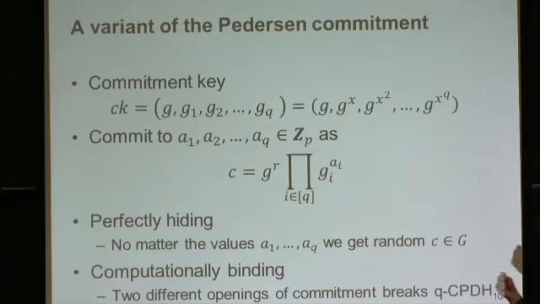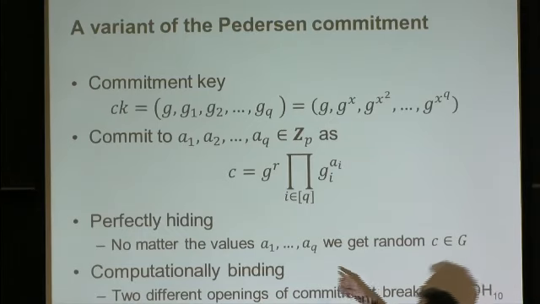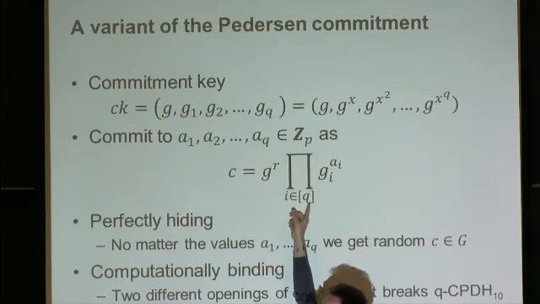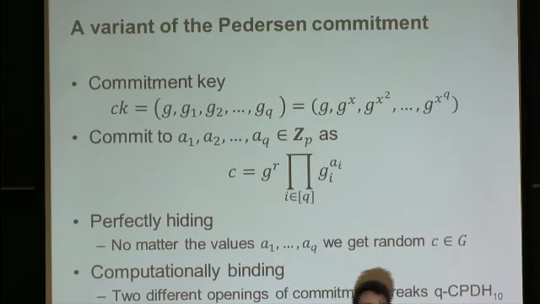If you see this group element C, you have no clue what these ai values are, because there's this g to the r. No matter what the ai values are, you get a random group element. So the commitment doesn't reveal the committed values. And then it's computationally binding.